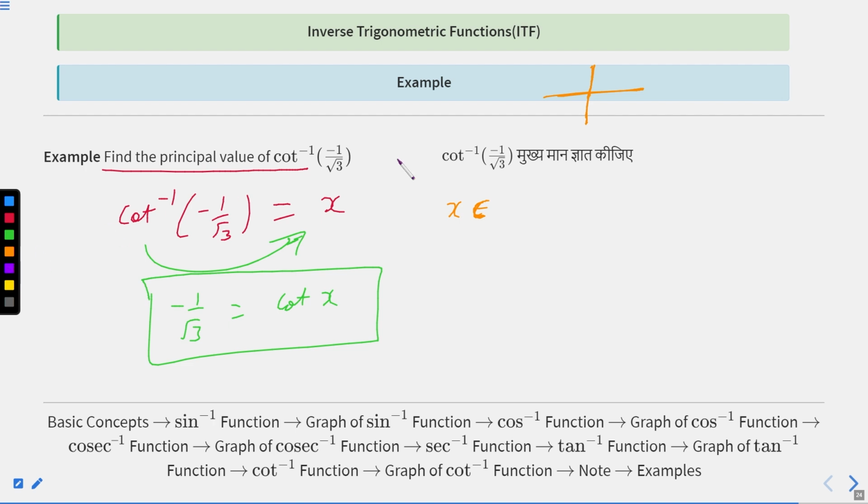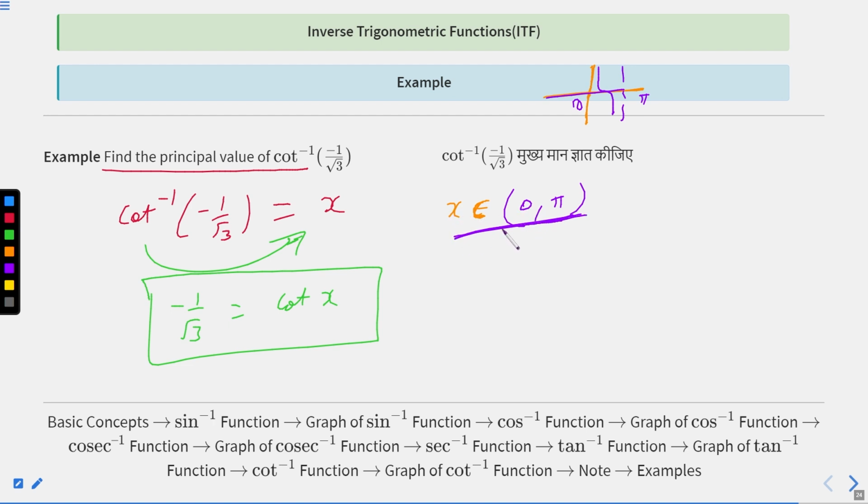The graph looks like this, 0 to pi. So this must be the open interval 0 to pi. The principal value branch will be the open interval 0 to pi, so our x must belong to this interval.